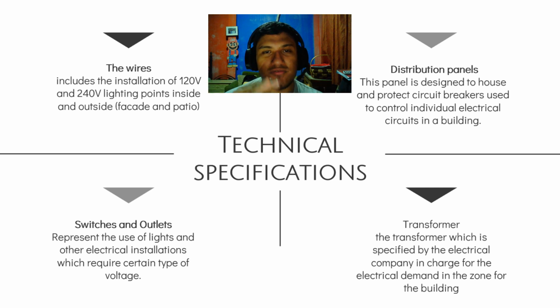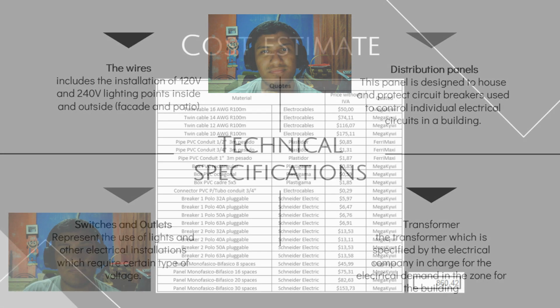Other than that, the distribution panels need to be at a certain height, and the transformer should be single phase, three phase, etc., and needs to give enough power to the building.